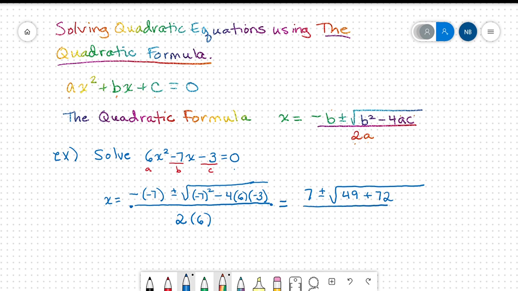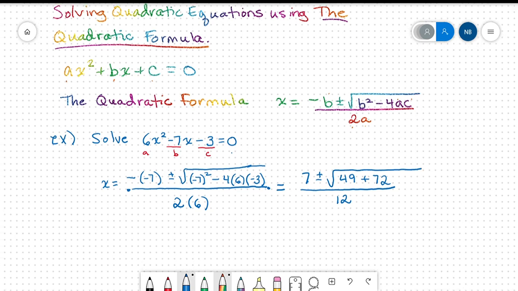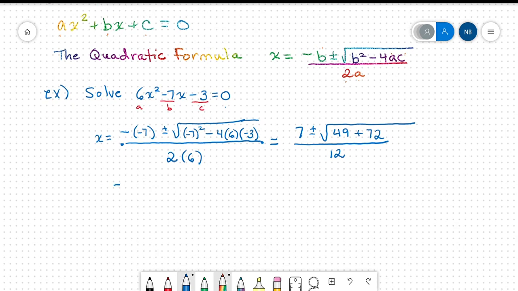This is all over 2 times 6, which is 12. This is equal to 7 plus or minus the square root of 49 plus 72, which is 121, all divided by 12. Now you can try to take the square root of 121 and see what happens.